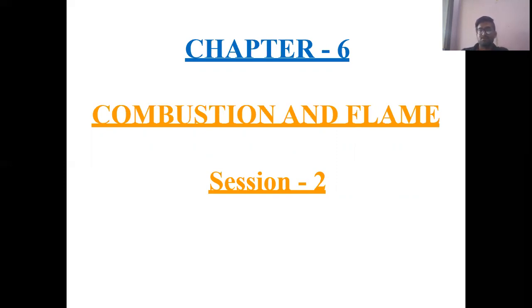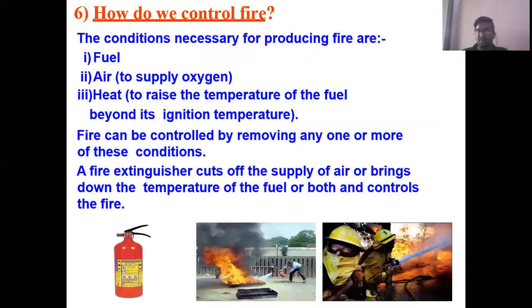So students, do you remember what conditions are necessary for combustion or for fire? Yes, we require fuel, air and heat. Fuel or the combustible substance, oxygen and the ignition temperature.